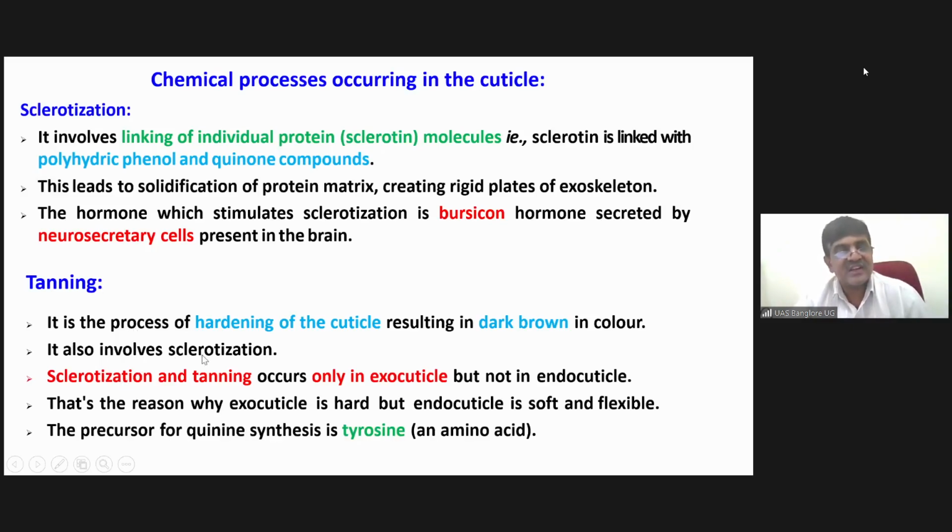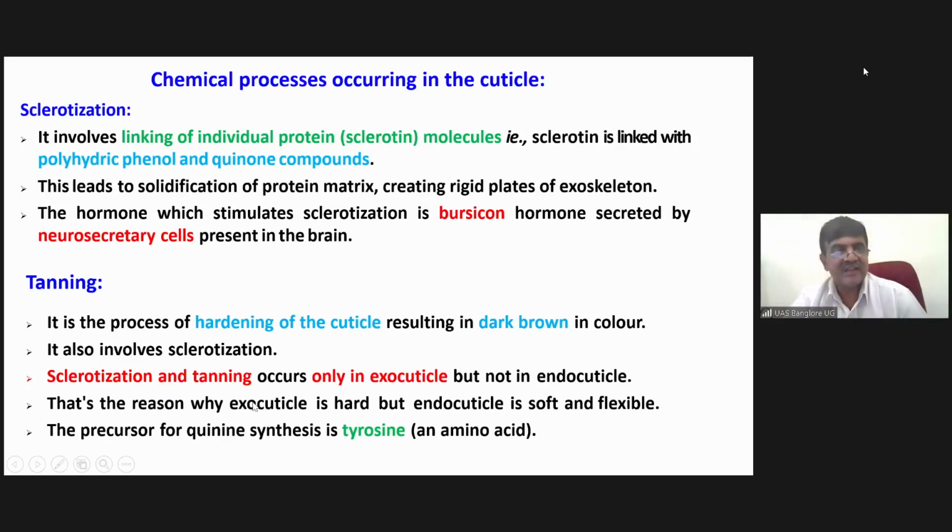Sclerotization and tanning take place in the exocuticle, but not in the endocuticle. This is the reason why the exocuticle is harder in nature, whereas the endocuticle is soft and flexible.